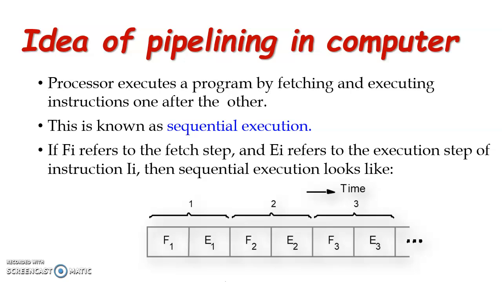This is an example of sequential execution. In sequential execution, the processor executes a program by fetching and executing instructions one after another. Here, this is the first instruction.